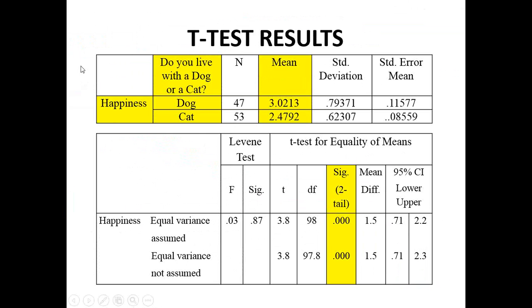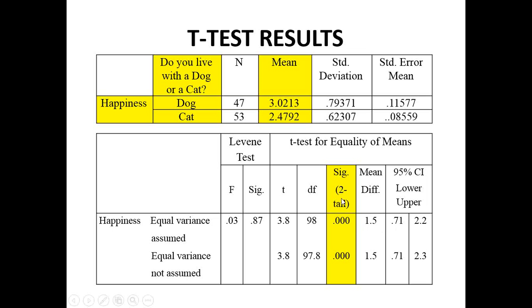So we see for the dog, people that live with a dog, there's 47 of them, and their mean score of happiness on the 1 to 5 scale is 3.0213. For the people that live with a cat, there's 53 of them, and their mean score on the happiness scale is 2.4792. So there's a difference, but is it statistically significant?